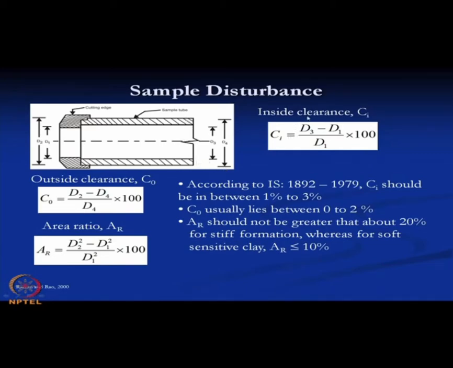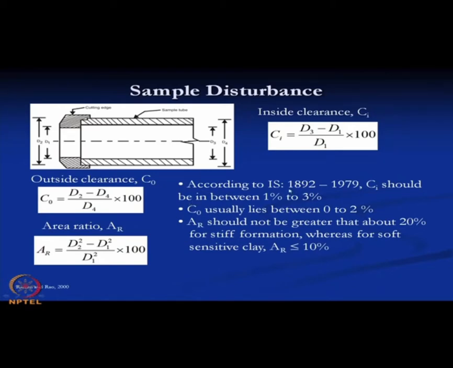The inside clearance Ci is calculated as D3 minus D1 divided by D1, times 100 percent. The outside clearance C0 is D2 minus D4 divided by D4. The area ratio for this type of sampler tube is D2 squared minus D1 squared divided by D1 squared.